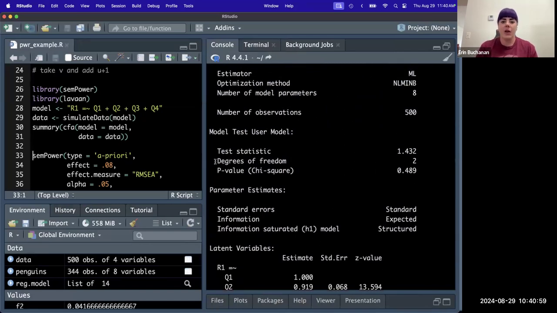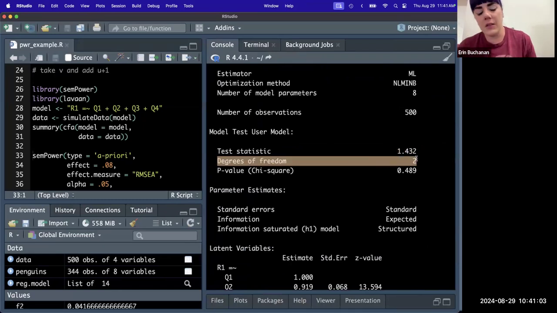So the hard part to me when doing structural models or network models or any of this stuff is knowing what the degrees of freedom should be, because the degrees of freedom are not tied to sample size. Okay, so when you get into the structural equation models, degrees of freedom is based on the number of parameters that you could estimate minus the number of parameters that you have estimated, right?